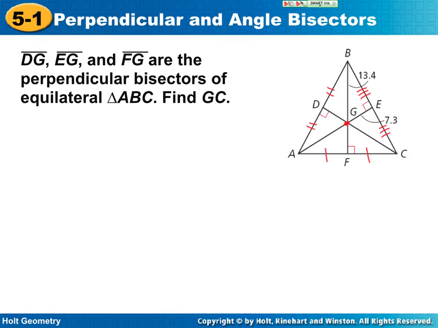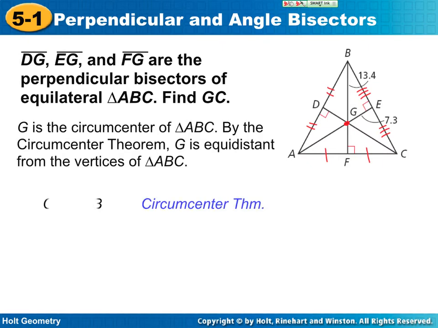So GB, GA, GC are all the same length. So how long is GC? 13.4 because GB was 13.4. So if you can pick out the right measurements in the picture, the answer is not difficult to come up with. Is GE the same length as GD and GF? No. It doesn't say that that point is equidistant from the sides. It says it's equidistant from the vertices.